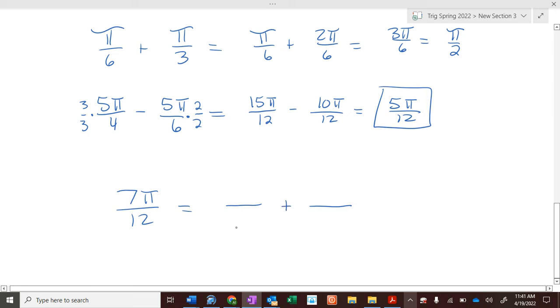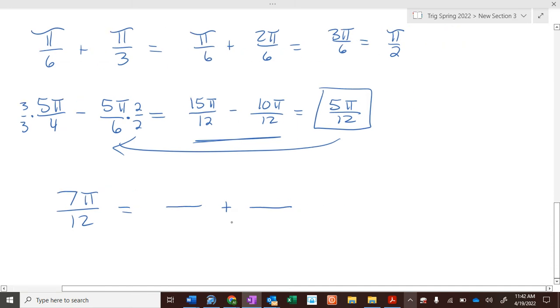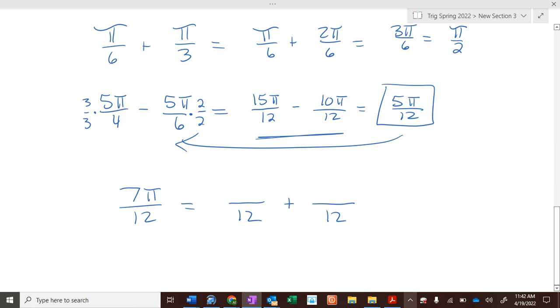What do you think our common denominator is going to be? Because we're going in reverse order from this. I would say it's probably 12. Now, we want to make things reduce. So should we use 1 and 6 to make 7? Does 1 over 12 reduce? No. And do you see a pi over 12 on your unit circle?